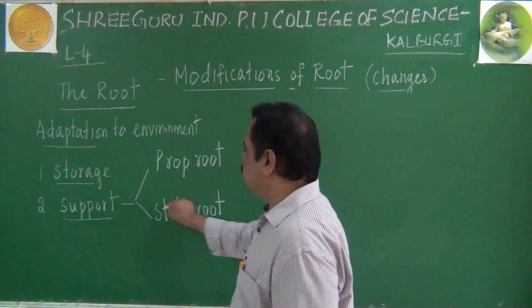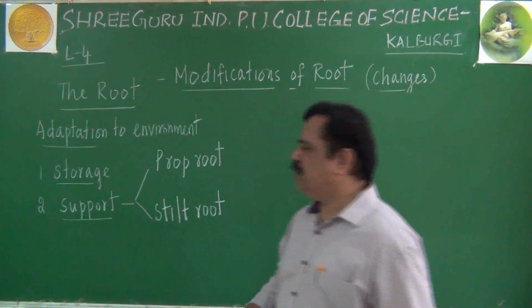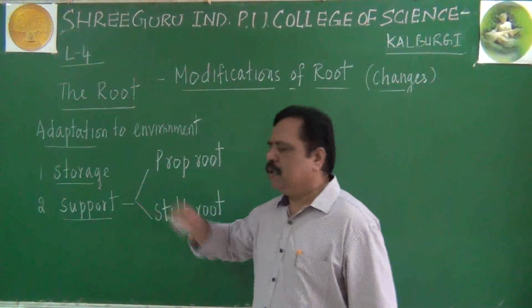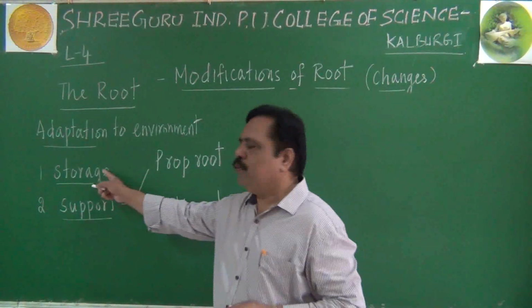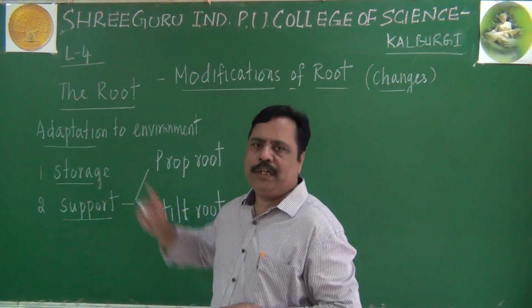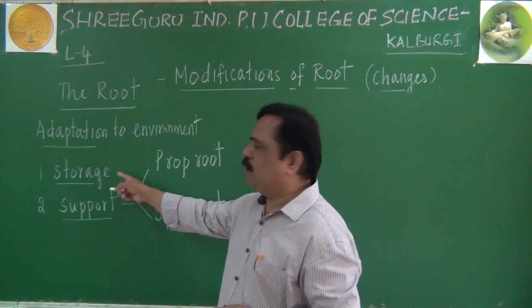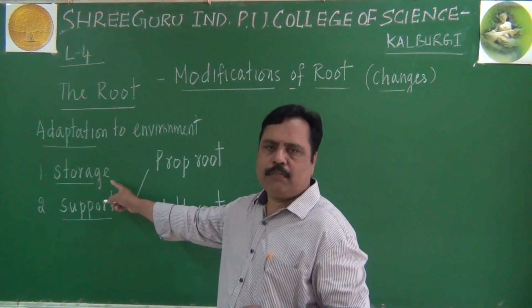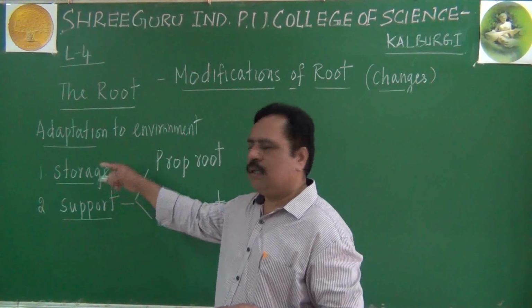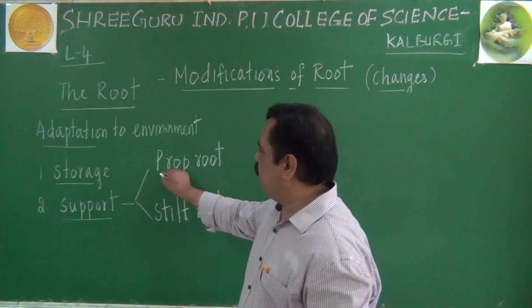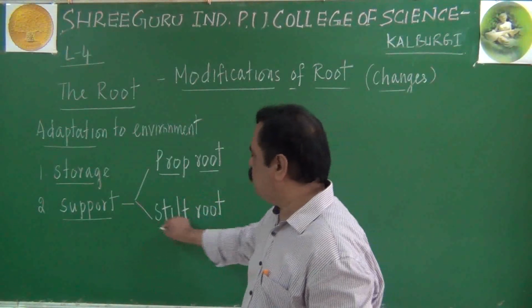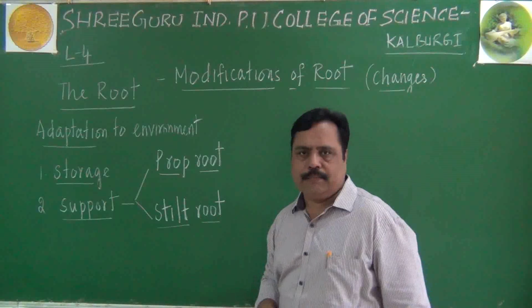Prop root and stilt root are the two major types involved in support. For storage, I told you fusiform, napiform and conical like that. Fasciculated, moniliform, root nodule, tuber like that, various examples. For support, there will be prop root and stilt root we are going to discuss here.